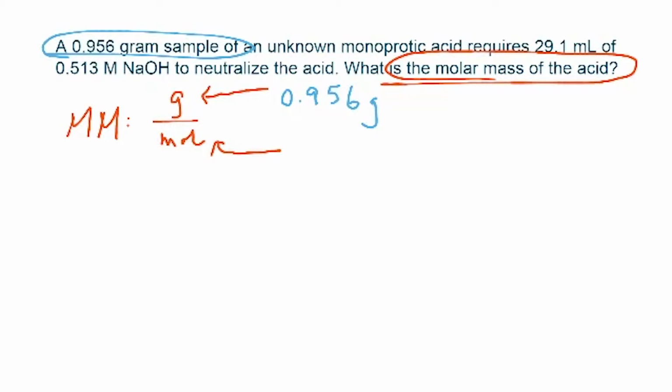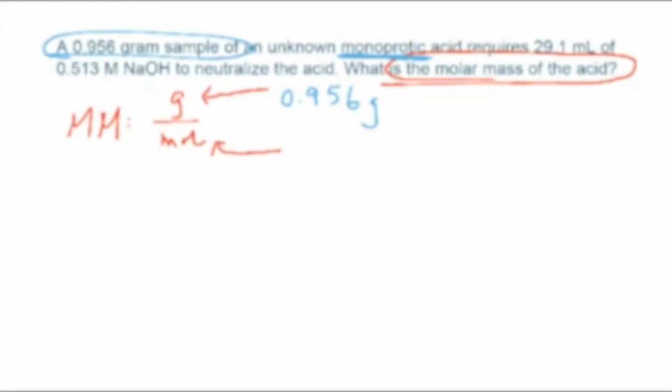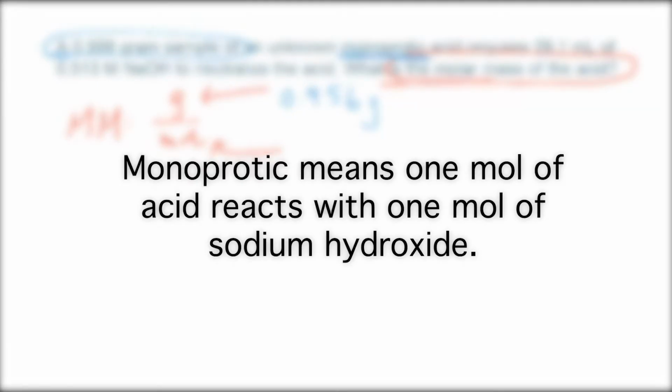Well, if you'll notice, we don't have a balanced chemical equation in front of us, but they did tell us that our acid is monoprotic. And this might be a word that we're not familiar with. And what this tells us is that 1 mole of our acid reacts with 1 mole of the sodium hydroxide.